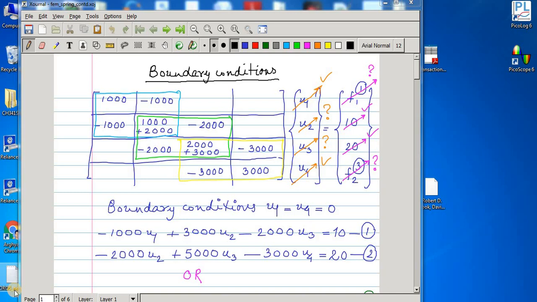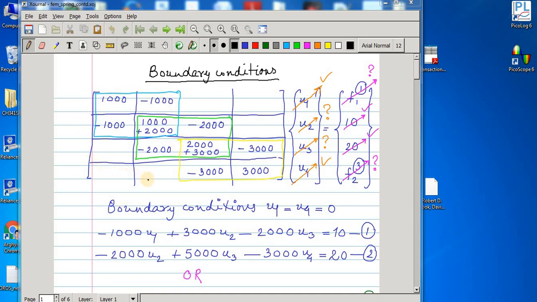So dear students, in our last class we solved one example problem where there were three spring elements, and the leftmost node was fixed, and the rightmost node was also fixed.